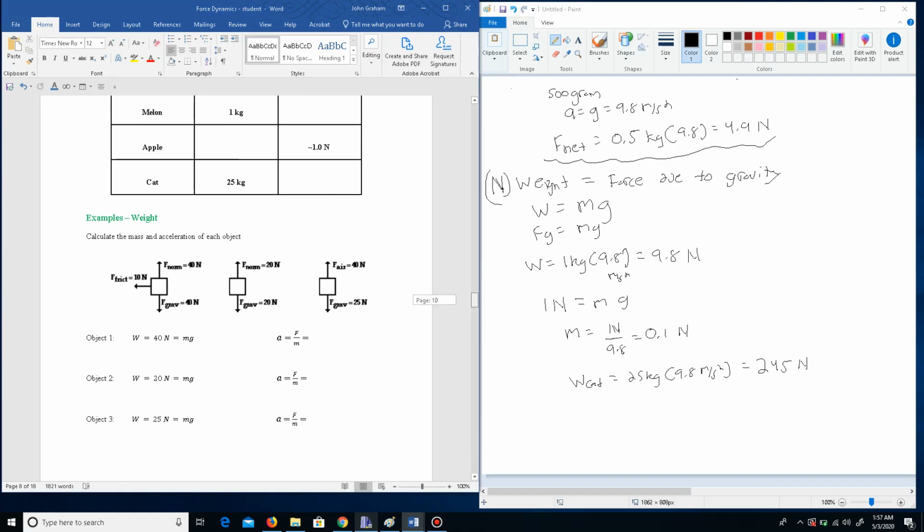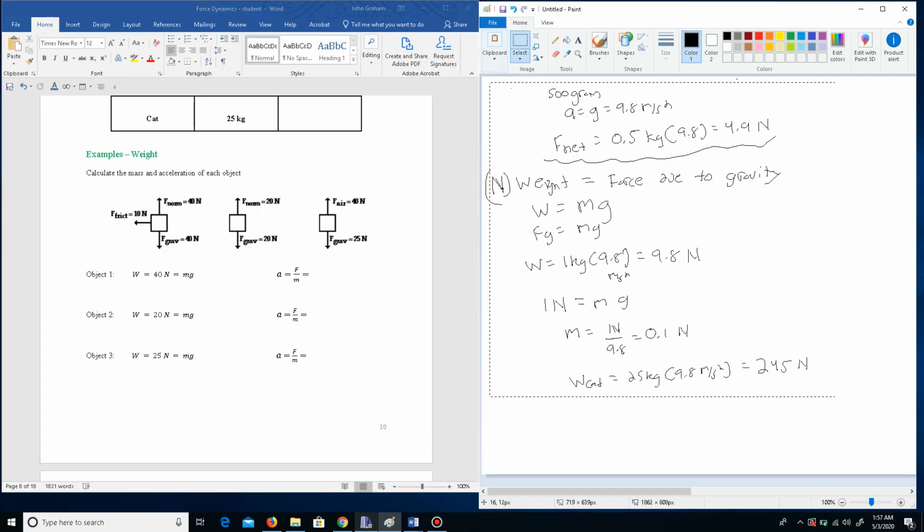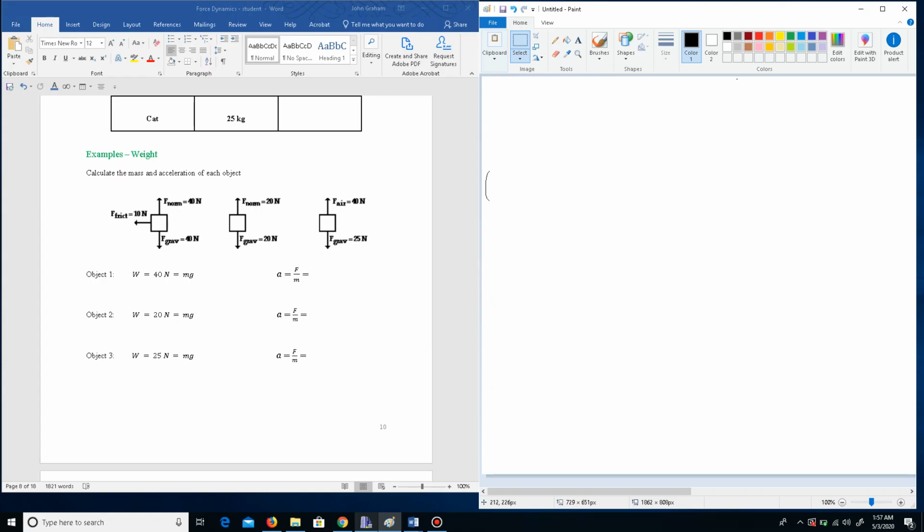So we're going to go back to these diagrams. We already knew that certain ones accelerated and certain ones didn't. Now we're going to find the actual acceleration. All we need is this free body diagram to find it, because we know what the net force is. For object 1, we have a weight of 40 newtons, the force of gravity.